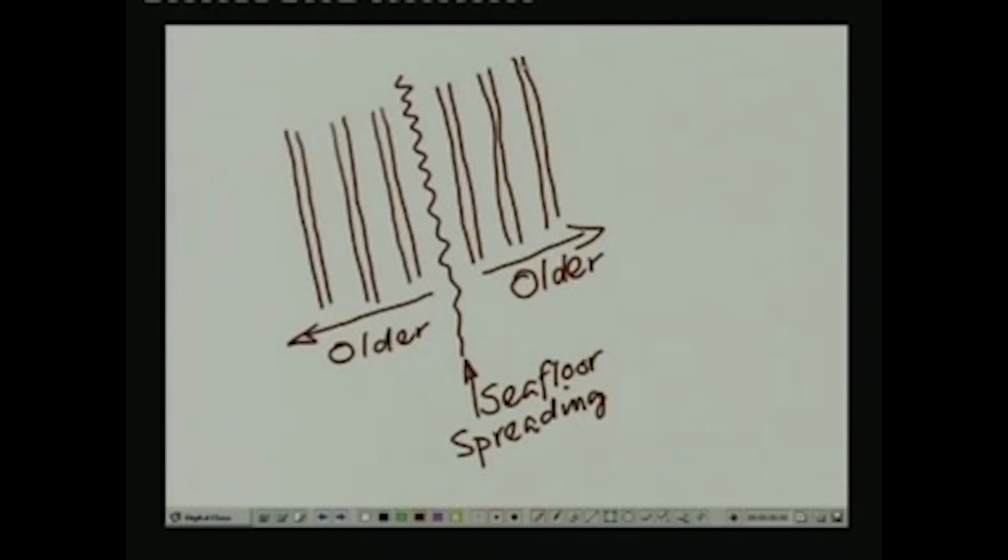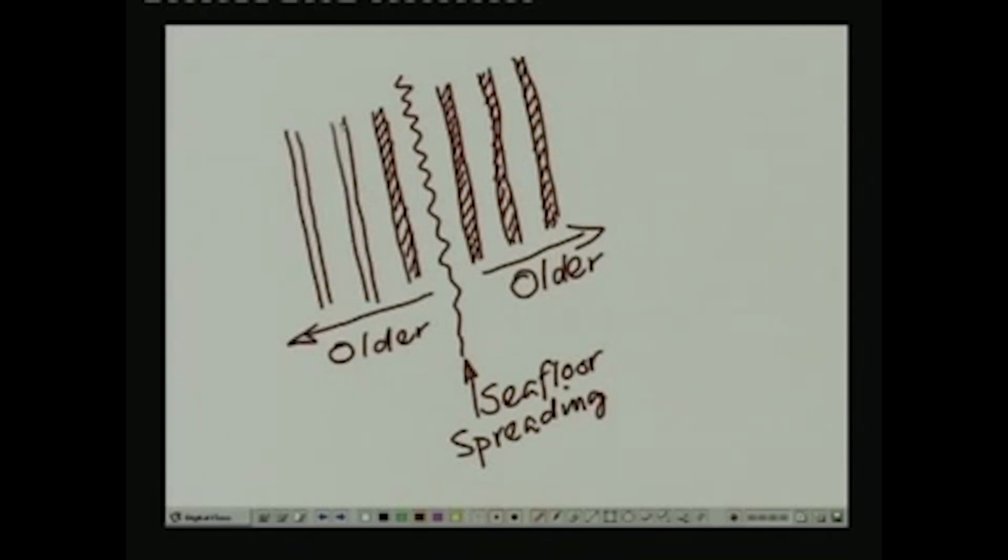They also examined the magnetic minerals within the rock masses of the sea floor of the oceanic crust, and what they found is that there are stripes of opposite polarity of the magnetic minerals, in the manner that I have sketched here.